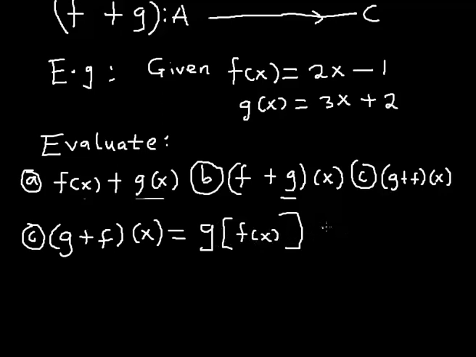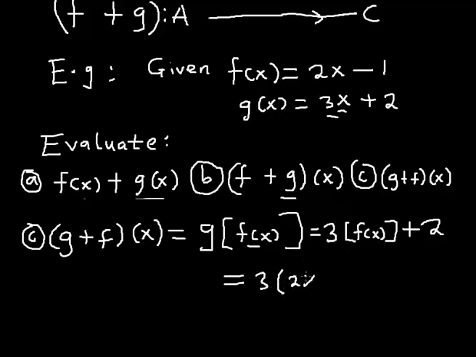First of all, what's my g of x? My g of x is 3x plus 2. So any place I see x is being replaced by f of x, then plus 2. So this is going to be equal to 3 into what's my f of x? Of course, my f of x is 2x minus 1, then of course plus 2.